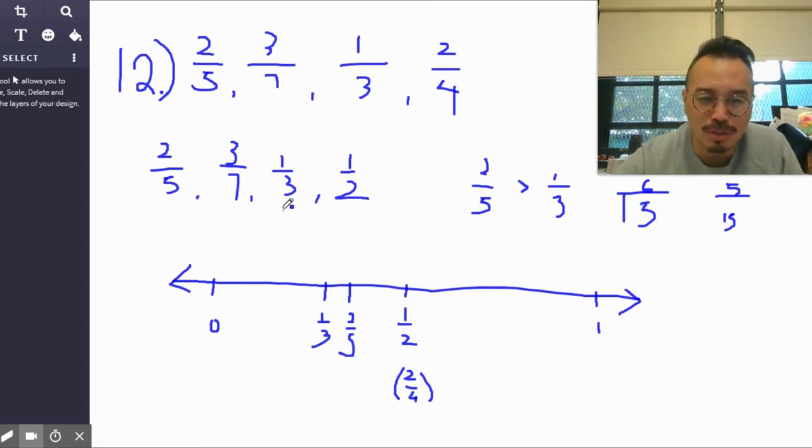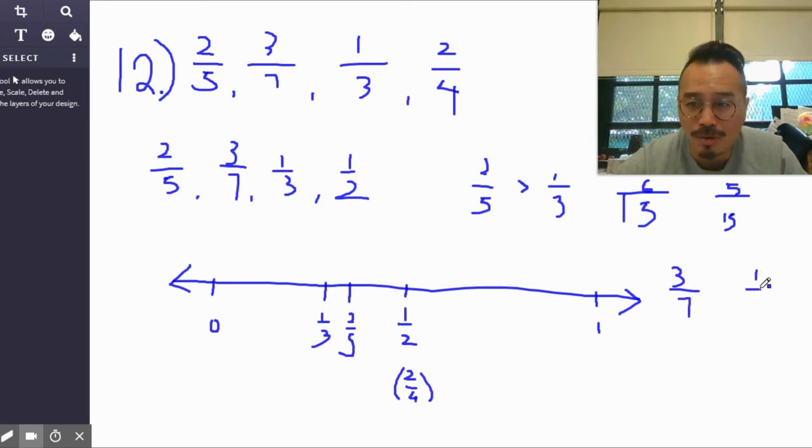It's a little smaller. Now, where does 3/7 rank with 2/5? 3/7 is probably bigger than 1/3, but I should compare. So where does 3/7 compare to 1/3, and versus 2/5?